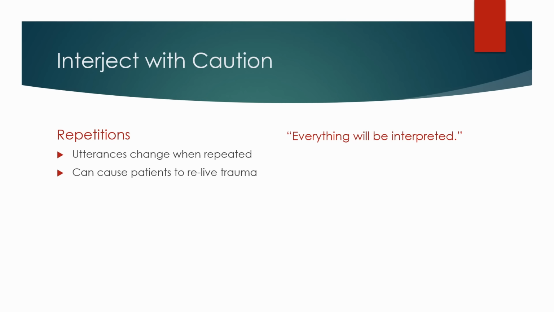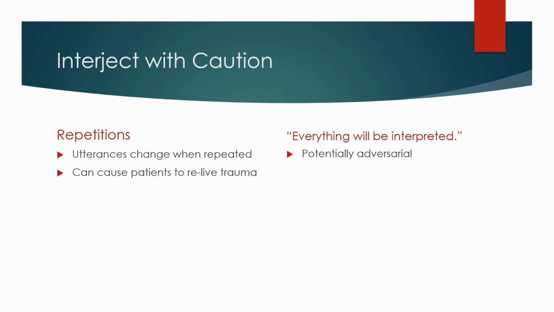And unnecessarily repeating that everything will be interpreted might cause some friction between the patient and the provider. If the provider is, for instance, saying something in the presence of the patient that they are not allowing you to interpret, it causes the patient to maybe lose some faith in you for not interpreting what is being said. There's a lack of transparency there.